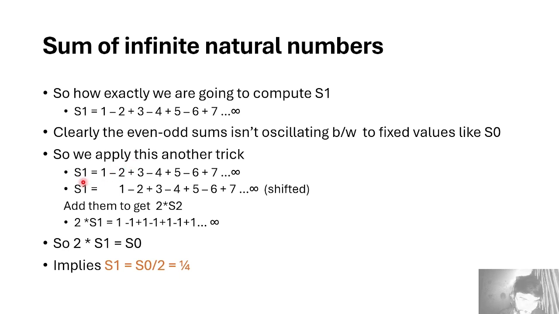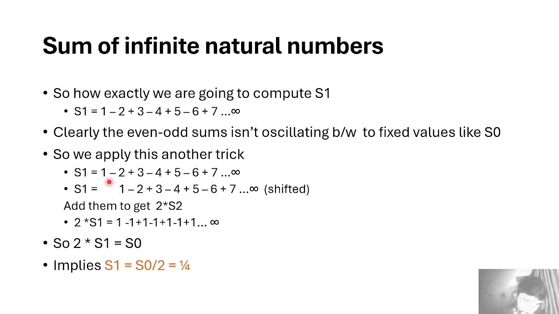Here we take the series two times. First, you can see we have the series S1, 1 minus 2 plus 3, of course. And again we take the series S1, but it is shifted one digit to the right. So this is really our shifted series, right?